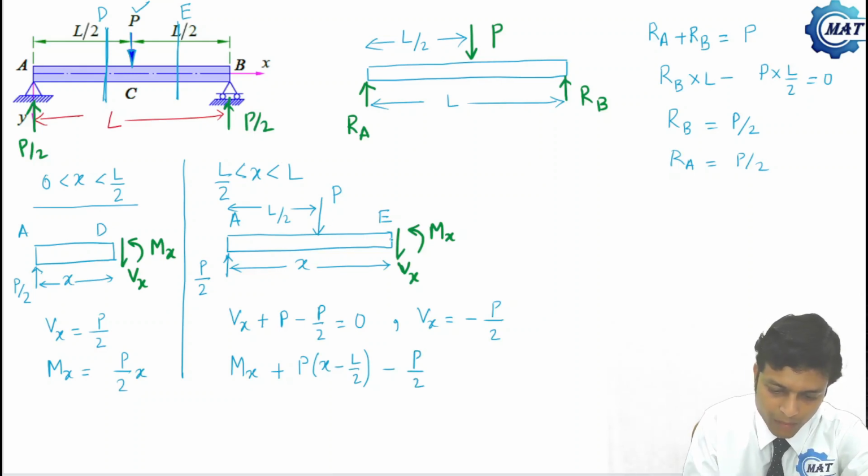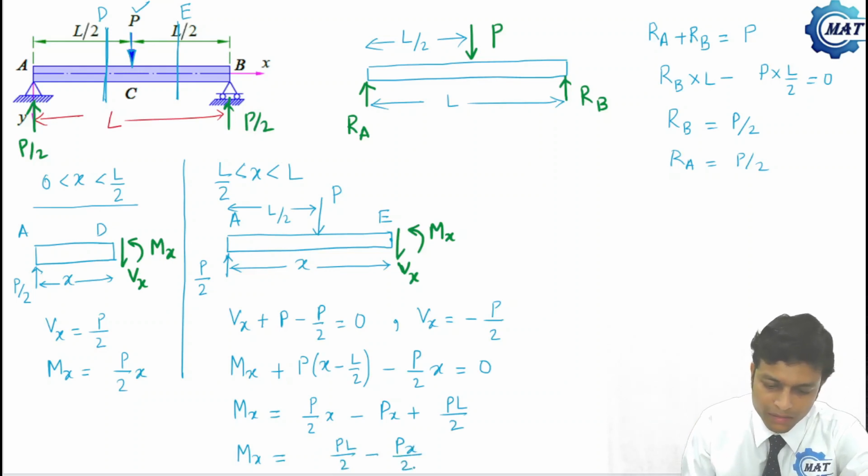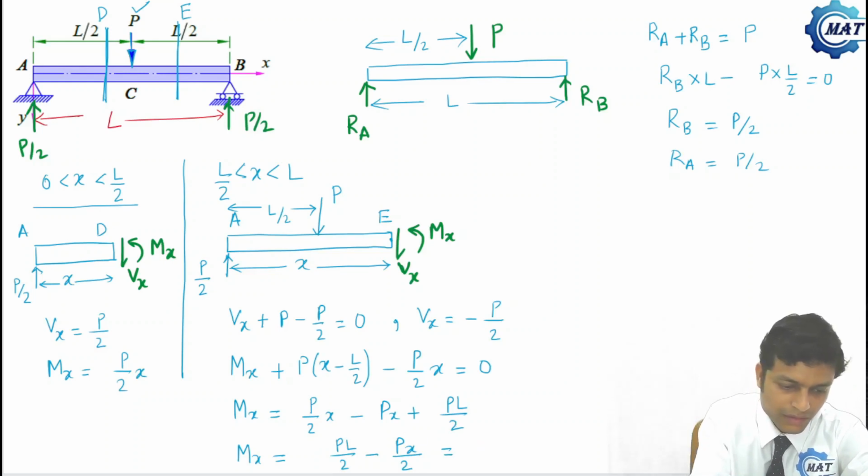I am taking moment about point E. So Mx plus P into x minus L by 2 minus P by 2 into x is 0. That is, Mx becomes P by 2 x minus Px plus PL by 2. That is, Mx is PL by 2 minus Px by 2. Yes, that is over.